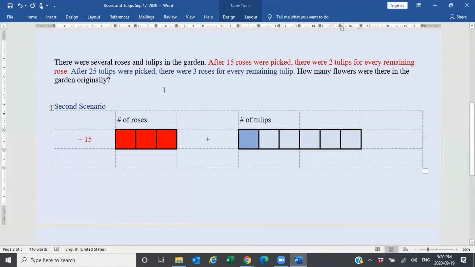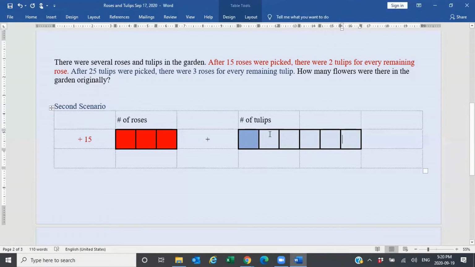All right, so this is after 25 tulips were picked. So these 5 smaller rectangles have to represent those 25 flowers that were picked. And for that, we divide 25 by 5. Then we will get how many flowers each smaller rectangle represents.